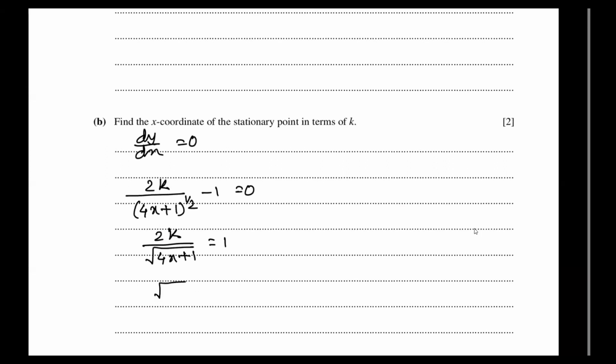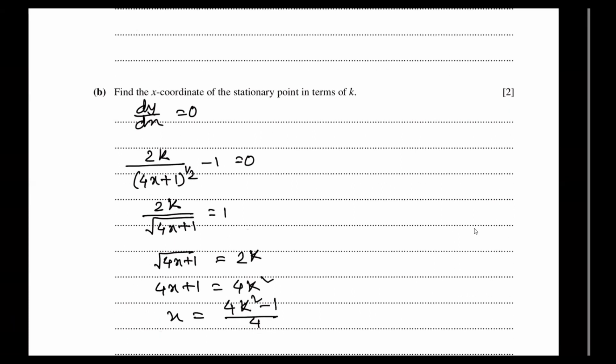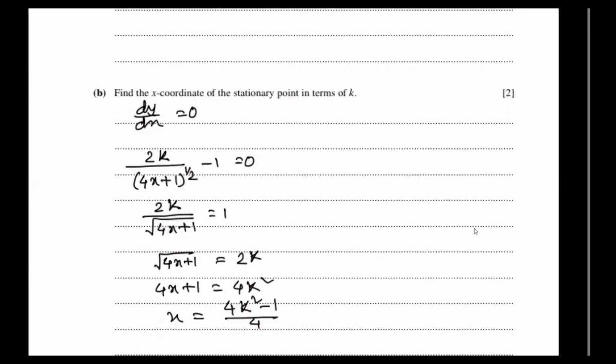So square root of 4x plus 1 equals 2k, 4x plus 1 equals 4k squared. So x is (4k squared minus 1) by 4. That's the x coordinate of the stationary point.